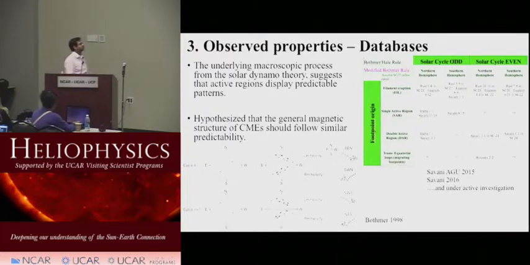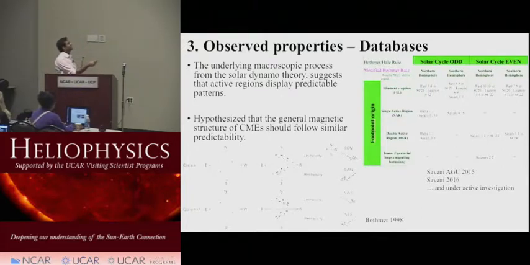If you've got the solar dynamo doing changes that happen on a much more macroscopic scale, then depending on which solar cycle you're in, you're going to have active regions which should be consistent throughout the solar cycle. And this is predominantly true.